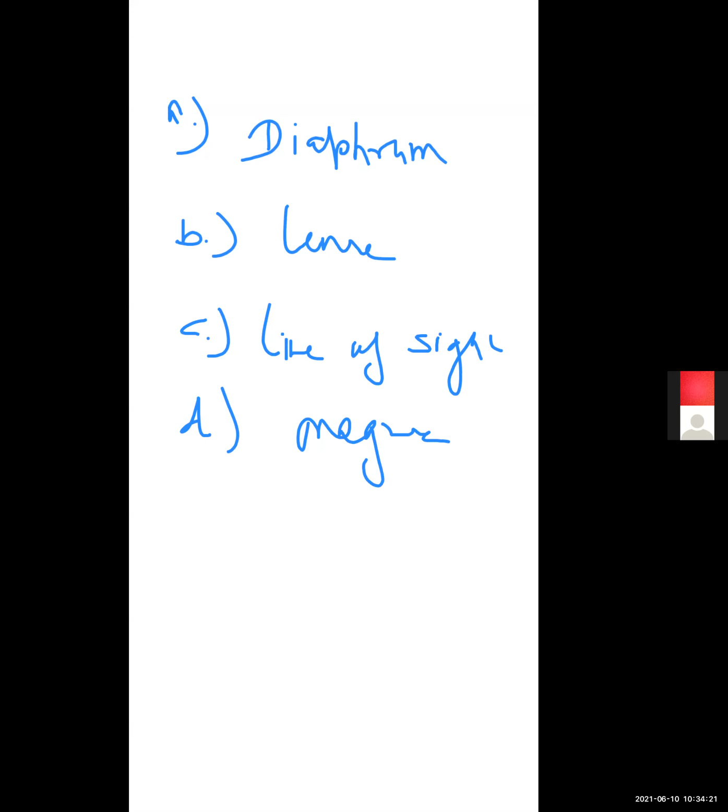Which of the following doesn't include lens? All about camera properties and parts of cameras. All questions are based on parts of cameras. So which of the following is not included in lens? First option is filter. Second is shutter.